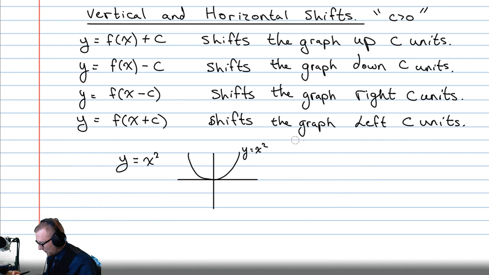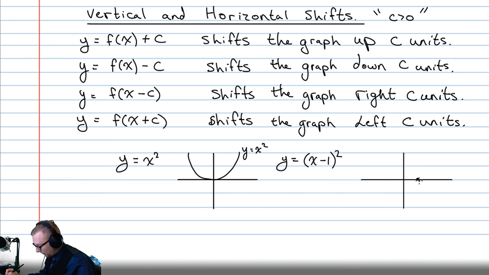I'm just gonna try and keep this on the same page to make it simpler. What if we do x minus 1 on the inside, squared? It will go right by 1.